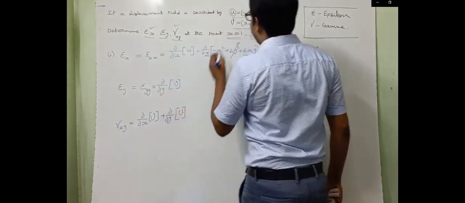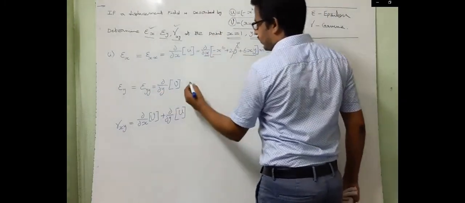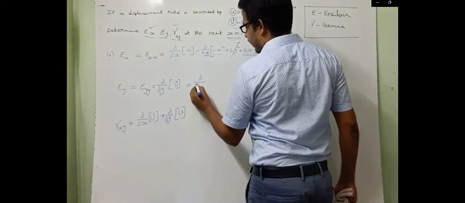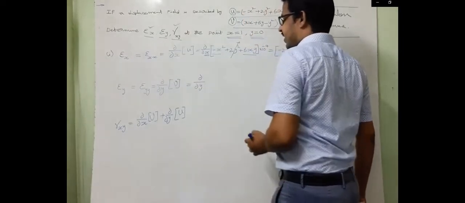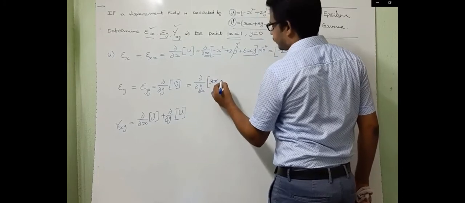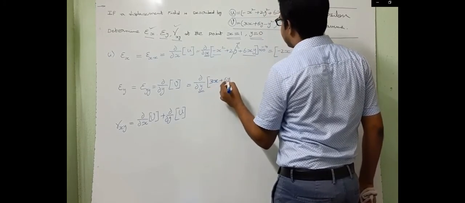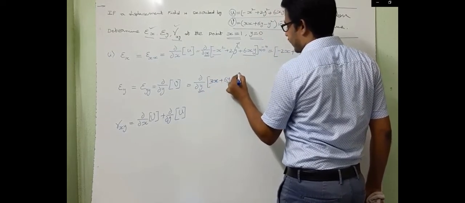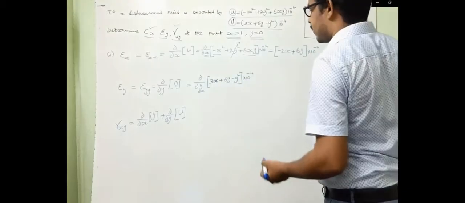Now epsilon y is the partial derivative with respect to y of the displacement v. What is the v value? V equal to 3x plus 6y minus y square into 10 power minus 4.